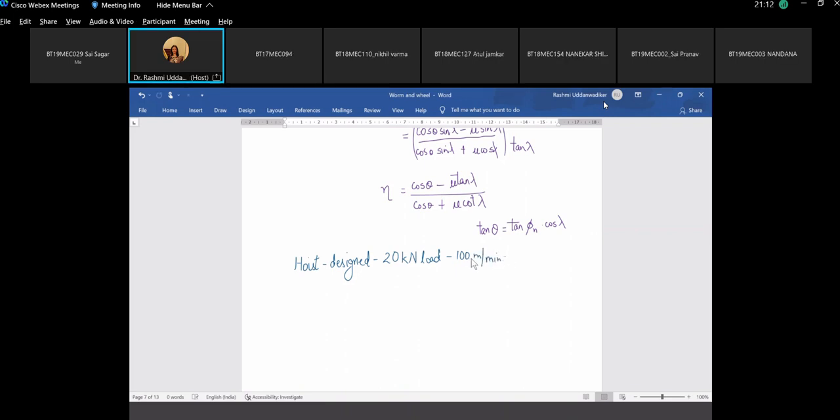I'm repeating, a hoist is to be designed to lift 20 kilonewton load at a velocity of 100 meters per minute.